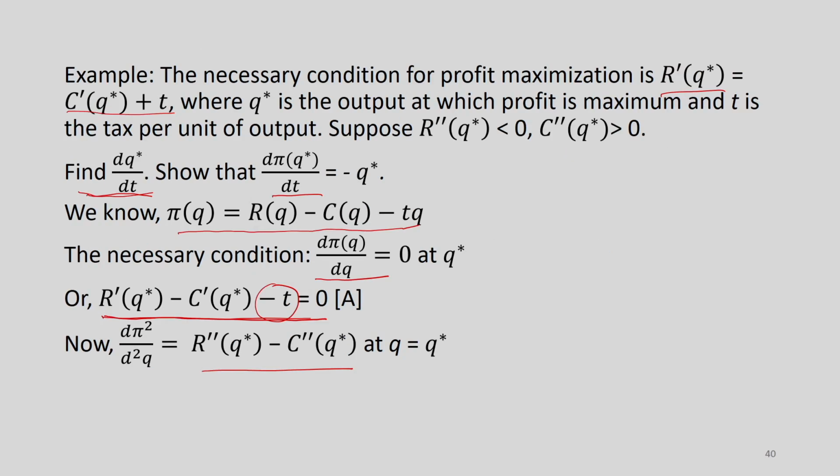The reason is that we have to find out dq star dt, so it is a derivative with respect to t. So, that gives us a clue why we should use the first order condition or the necessary condition, but then differentiate this necessary condition with respect to t.